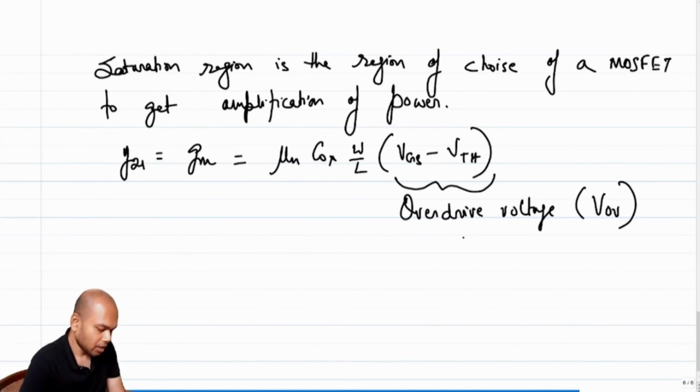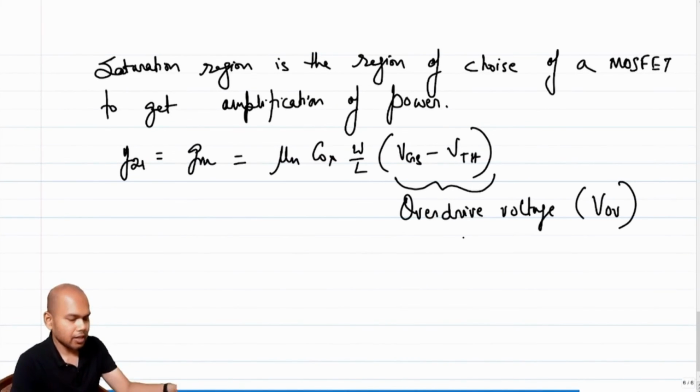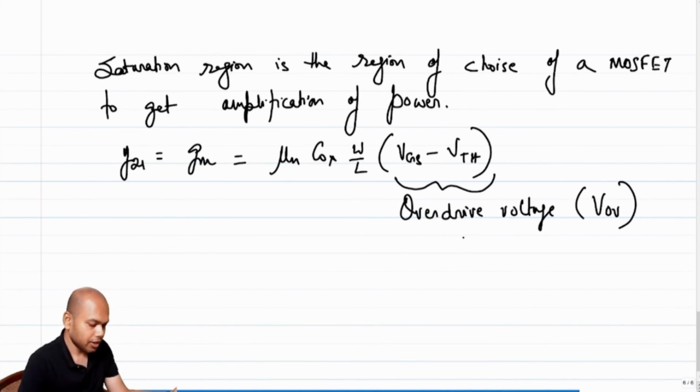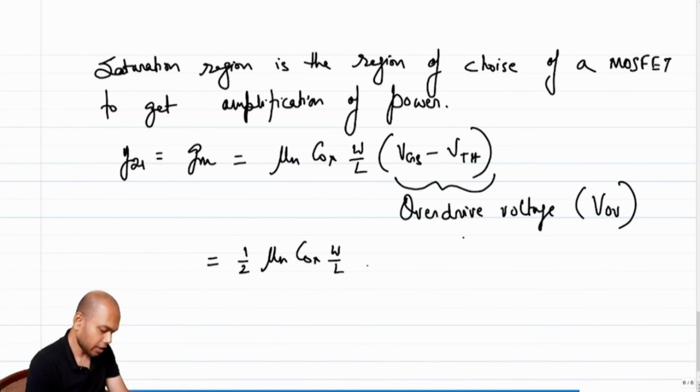VOV or V overdrive. The curious among you would also notice that this equation can be written in multiple forms. If we notice that IDS is equal to half mu n Cox W over L (VGS minus VT) whole square, I can turn it around and say that this is equal to half mu n Cox W over L (VGS minus threshold voltage) whole square times 2 over (VGS minus threshold voltage).